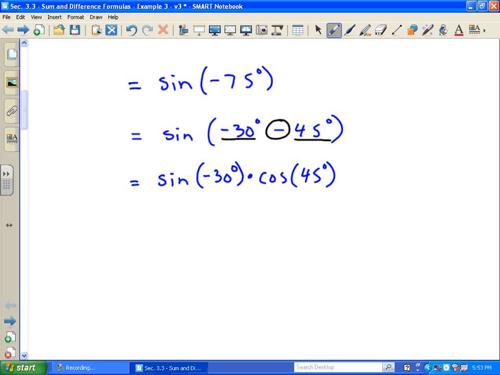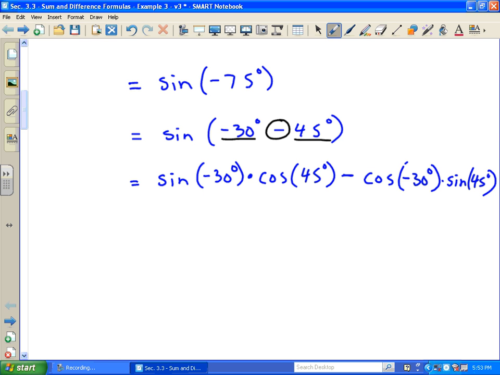The sign in the middle is different, so this sign is the same thing. And then we have a mixture on this side, but in a different order: cosine of negative 30 degrees, multiplied by sine of 45 degrees. Like I say, there's more than one way to look at this. I've just chosen one way that will work.